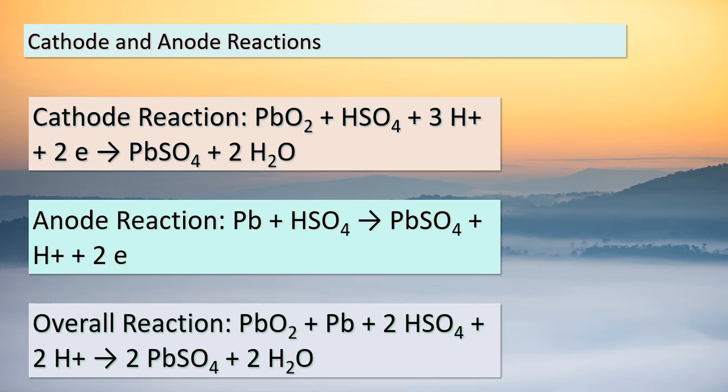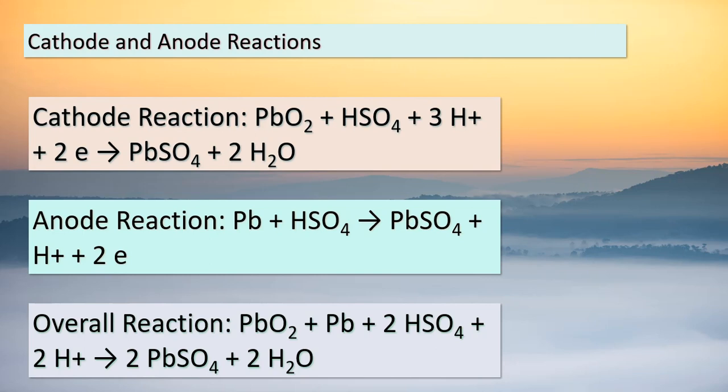On the anode side, we have another captivating reaction. Imagine lead atoms, Pb, mingling with those HSO4- ions, resulting in the formation of lead sulfate, PbSO4. In this process, they liberate protons, H+, and charming little electrons, e-. Are you still with me? Excellent.